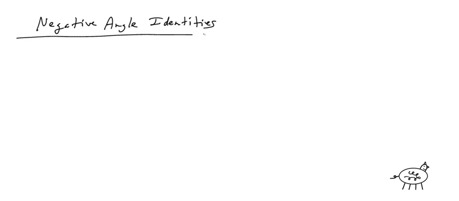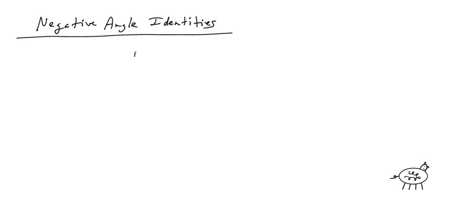Let us talk now about negative angle identities. I know it's kind of a negative topic, so we'll try to be a little upbeat here. I'm going to show you 3 different negative angle identities.